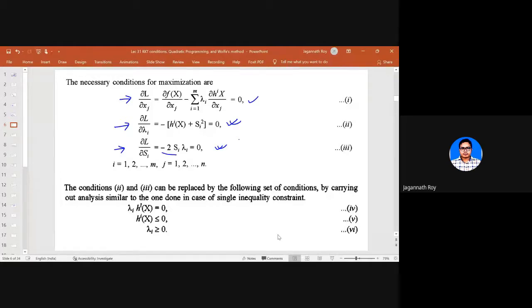Now if you look at this, conditions 2 and 3 can be replaced by the following set of conditions, by carrying out the similar analysis that we have discussed.